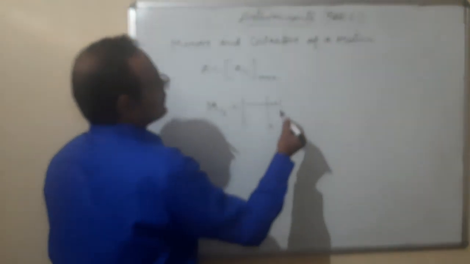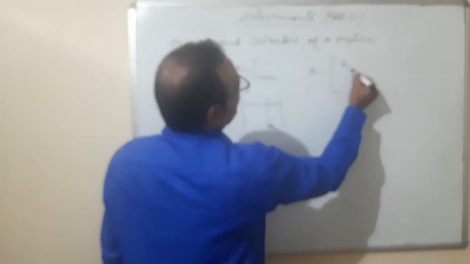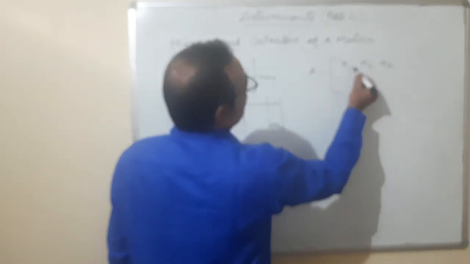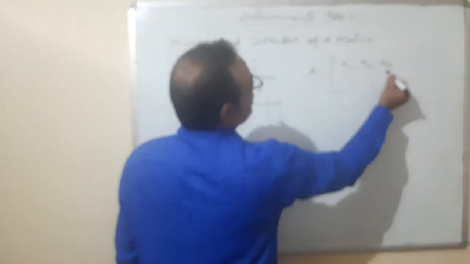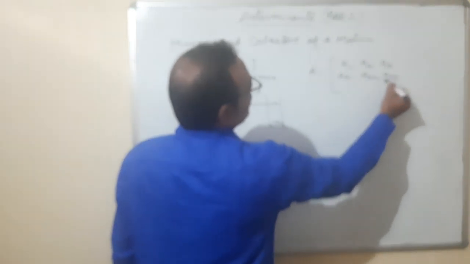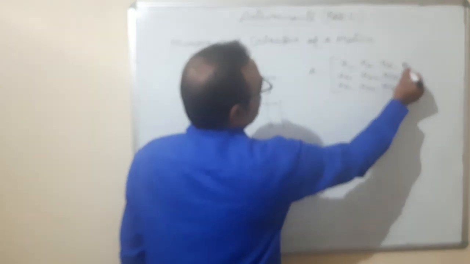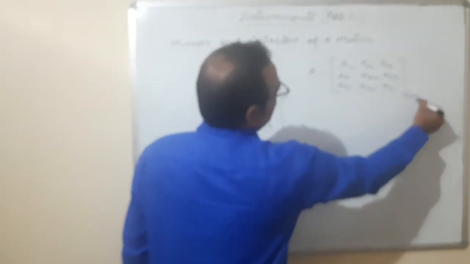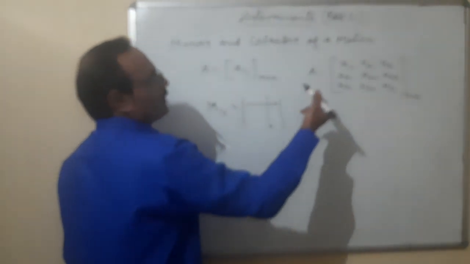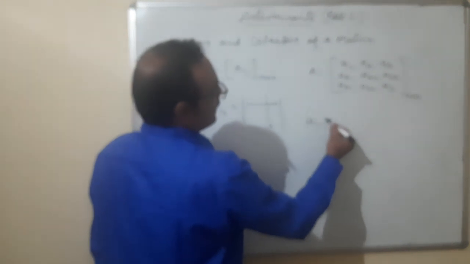For example, suppose there is a matrix A with elements a11, a12, a13, a21, a22, a23, a31, a32, and a33. This is a matrix of 3 cross 3. Okay. And we are going to find the minor of a11.